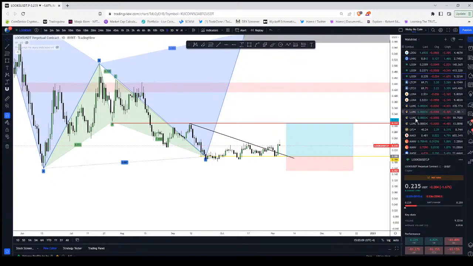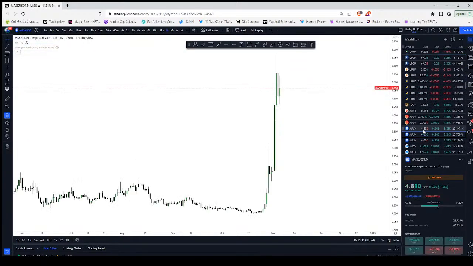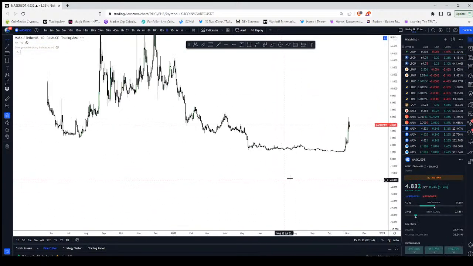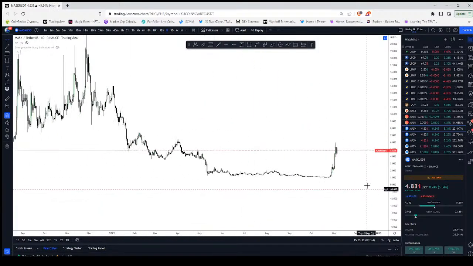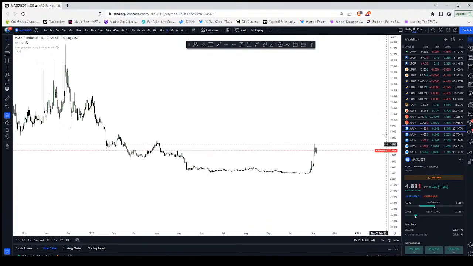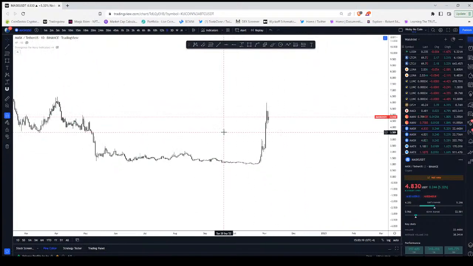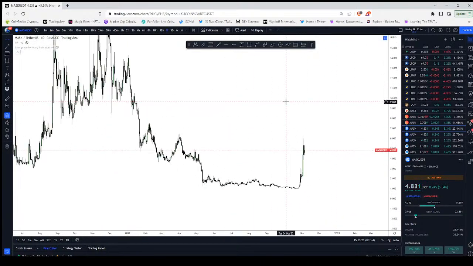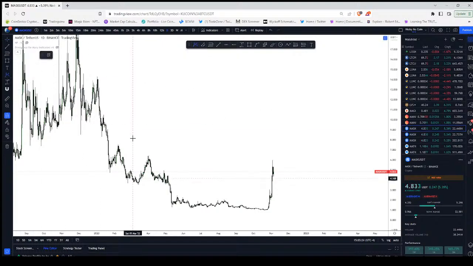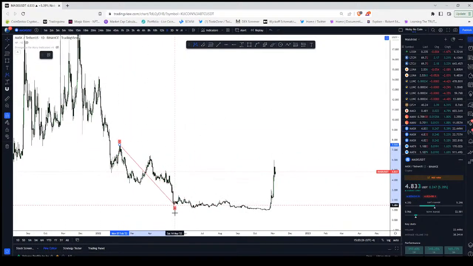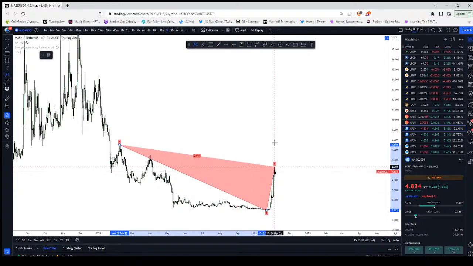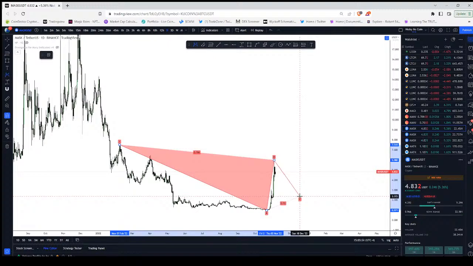Mask. I don't even want to look at Mask, bro. I missed it. Can't really chart this, man. It's hard. There's not, it just went straight up. 786. So if this is a 786 and this is a legit pattern, I mean, you can be looking for something like this.